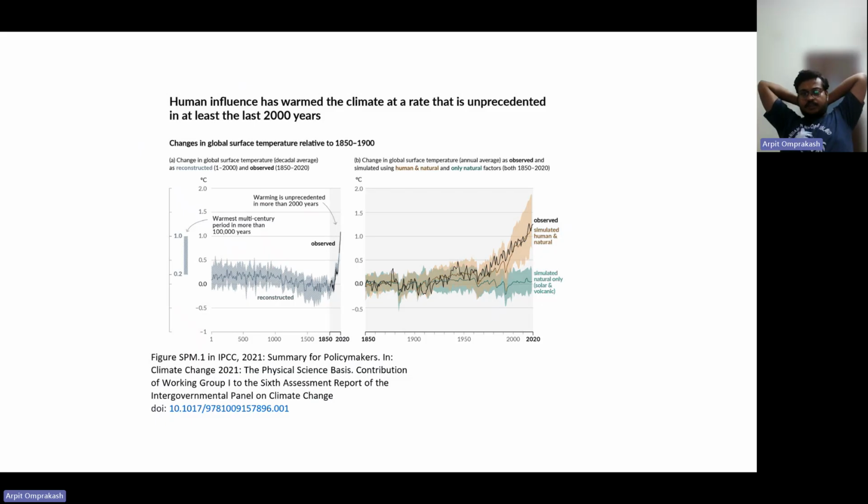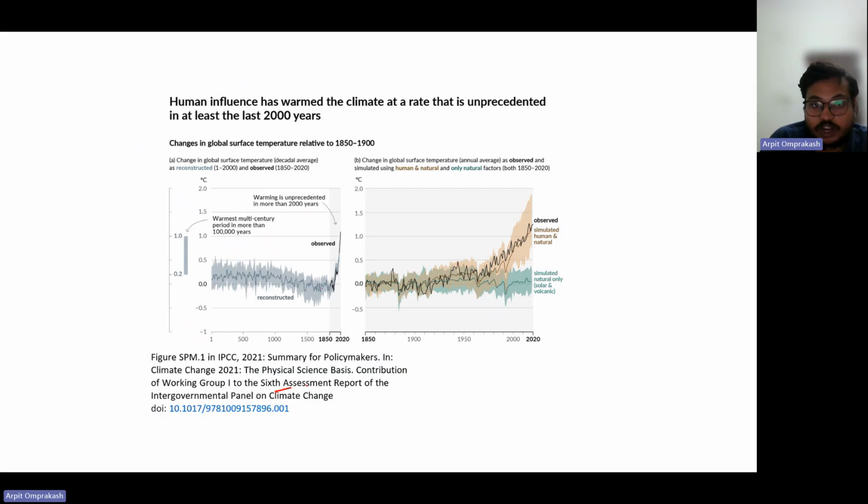So these are changes in global surface temperature from 1850 to 1900, right? In the first graph here, we can see that the temperature change is not that high. It's very close to zero because it's starting from the 1900s and before that.